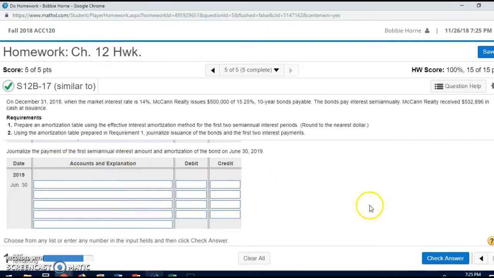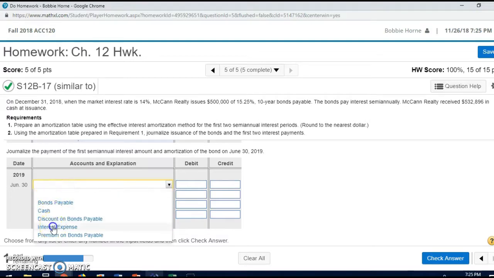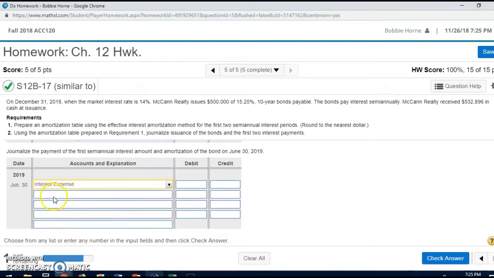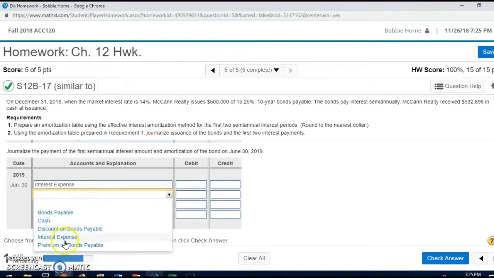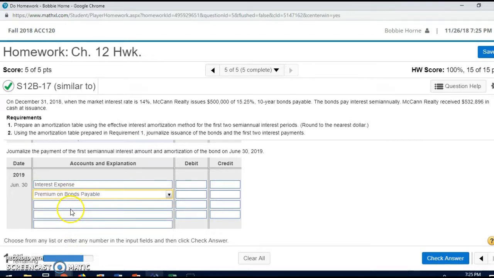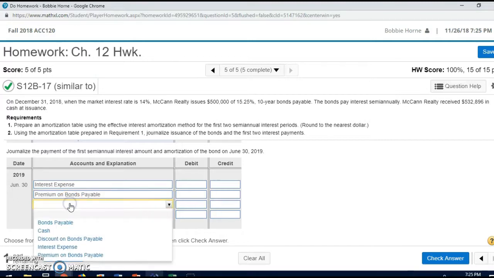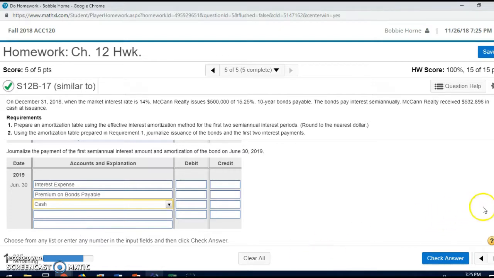Now the semi-annual interest amount and amortization of the bond, that's your journal entry where you debit interest expense and you're going to debit premium because you're reducing the amount of the premium. So you're amortizing it. And then you're going to credit cash.